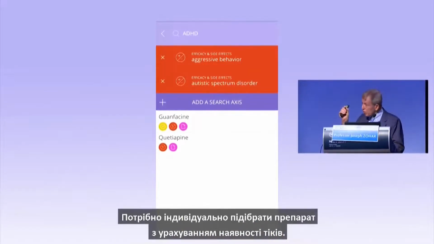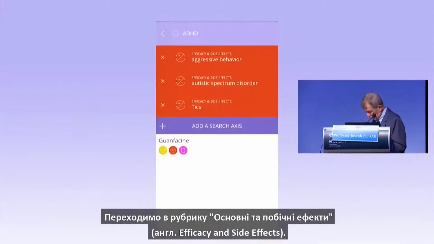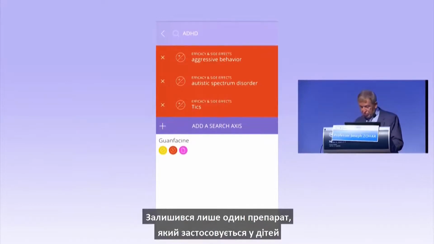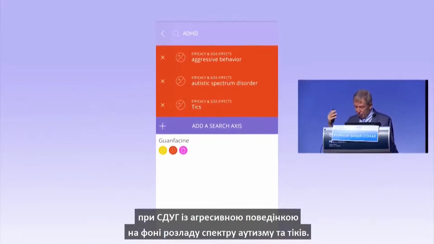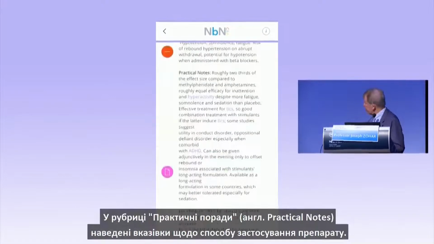So we'd like, again, to personalize the medication and make sure that we can deal with the tics too. So again, we go back to add search axis, push on efficacy and side effect, and type tics. So now we zero down on medication that work for children with ADHD, aggressive behavior, autistic spectrum. We touch on this medication, and we see all of these issues there.